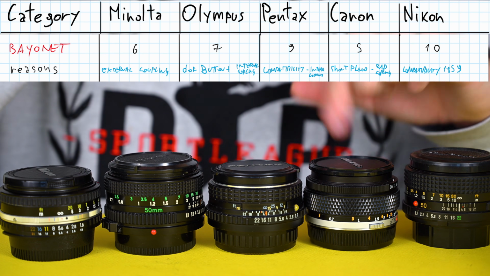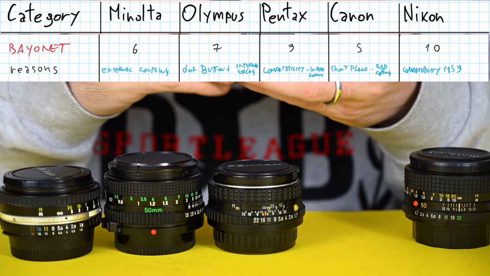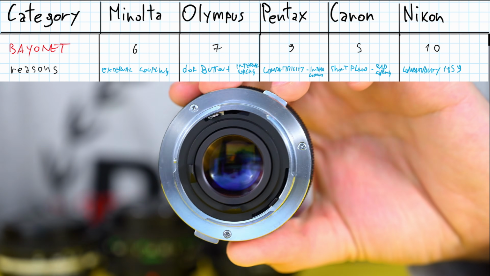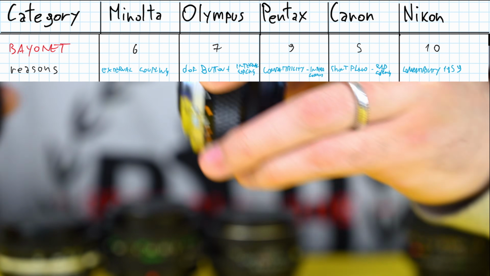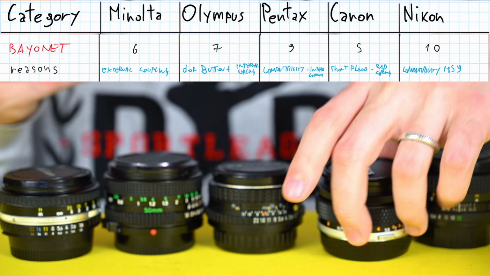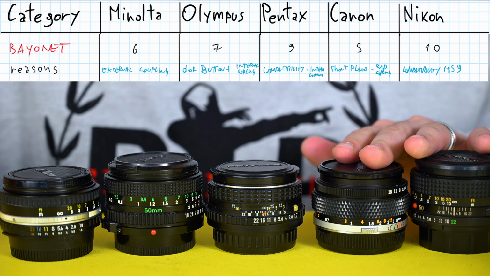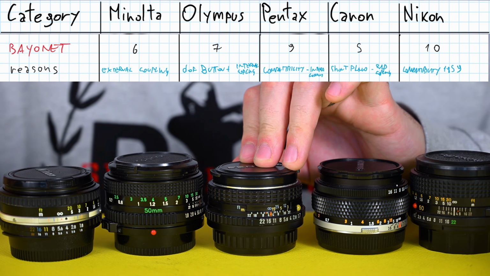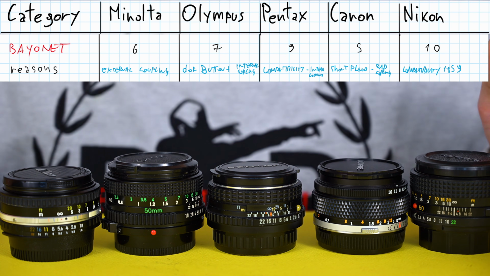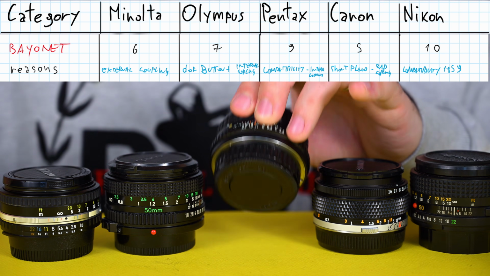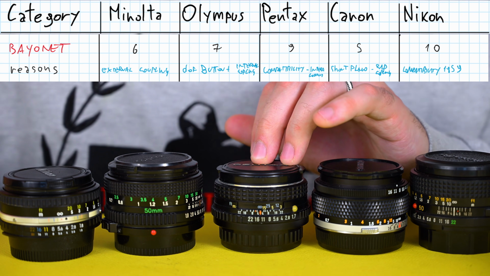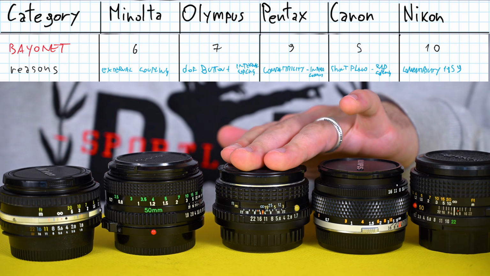The Olympus, we have got a 7 because it's a better bayonet, I think. It's internal coupling. We have got depth of field preview button on the lens, which is really good, and I bring him a 7. I bring a 9 for the Pentax K bayonet, which has really good compatibility with any kind of camera. The K mount we find everywhere, it's really good internal coupling. A 9 out of 10 for the Pentax.